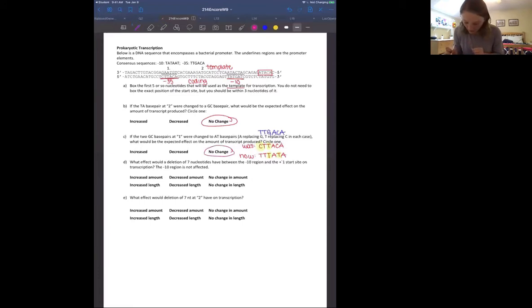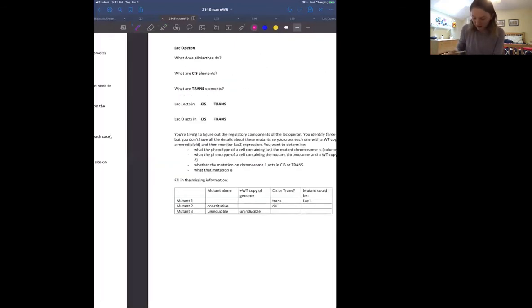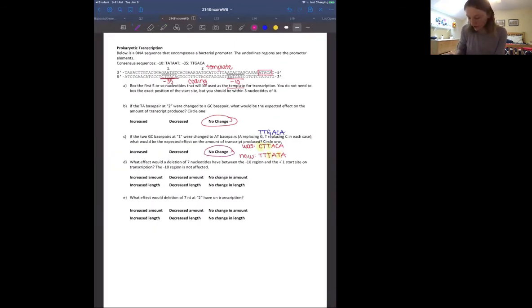Okay, what would the effect of a deletion of 7 nucleotides have between the -10 and the +1 start site? And this -10 is not affected. So we would expect no change in amount, but we would expect a decrease in length, because whatever is 10 nucleotides up from the -10 region is going to serve as the transcription start site.